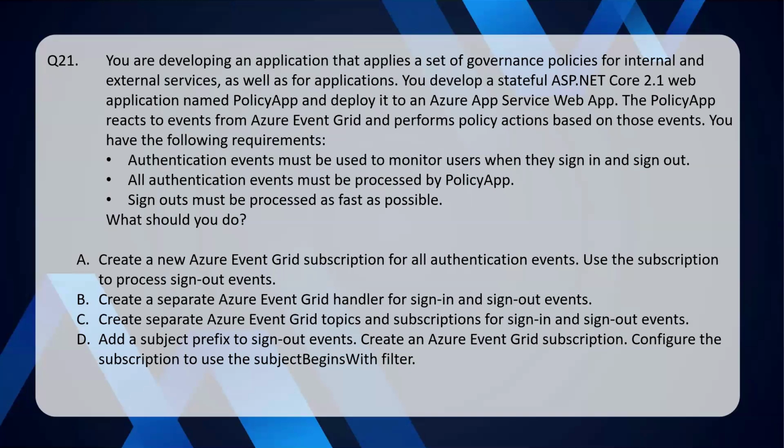The policy app reacts to events from Azure Event Grid and performs policy actions based on those events. You have the following requirements. Authentication events must be used to monitor users when they sign in and sign out. All authentication events must be processed by policy app. Sign-outs must be processed as fast as possible.